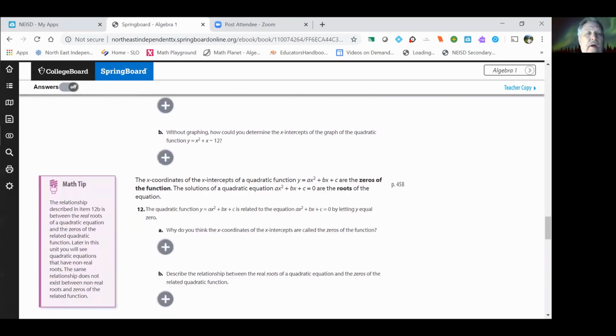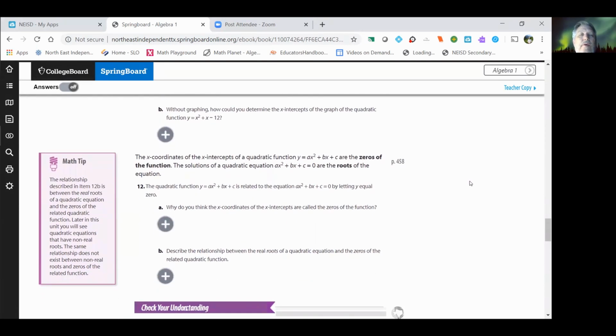Well, they're the same. 11b, without graphing, how could you determine the x-intercepts of the graph of the quadratic function y equals x squared plus x minus 12? So the way we would do that, of course, is we would set the quadratic equation equal to 0 and then factor the quadratic expression.